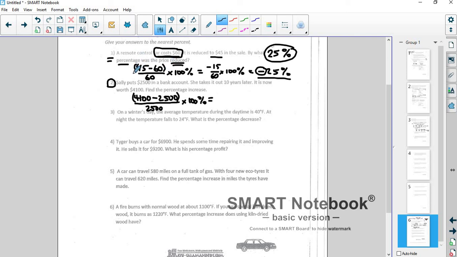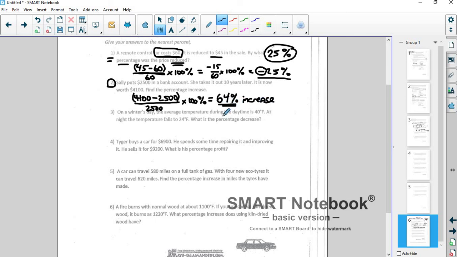So if you're typing this all in at one time, we'll put left parentheses 4,100 minus 2,500, right parentheses divided by 2,500, and then multiply that by 100%. And you get a 64% increase.